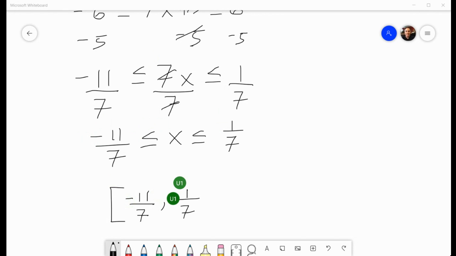Now, since these are not strict inequalities, that's why I have these square brackets here. If you remember, when you have a compound inequality like this, the solution set becomes A, comma, B.